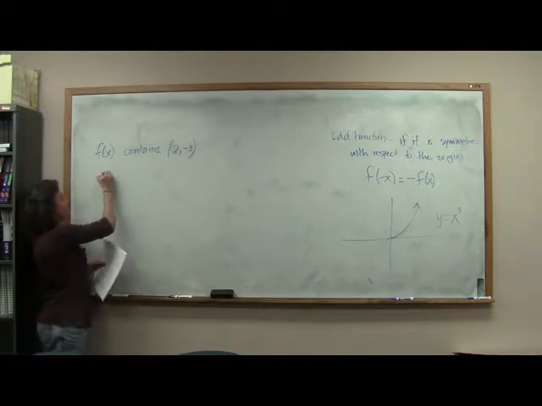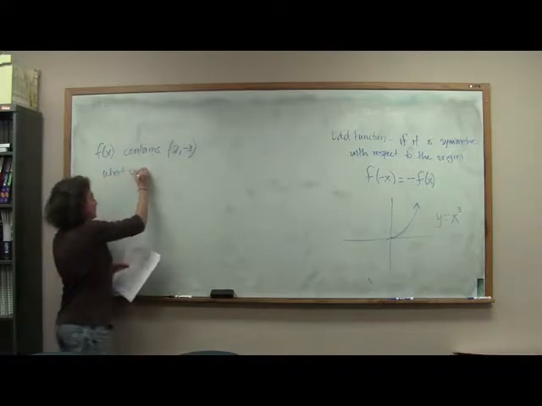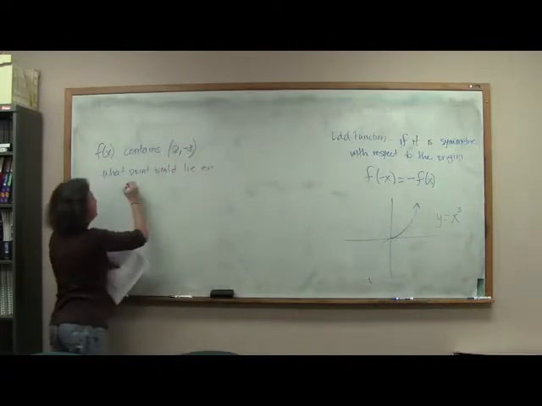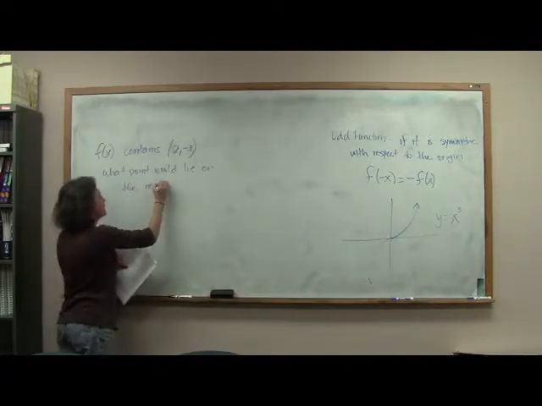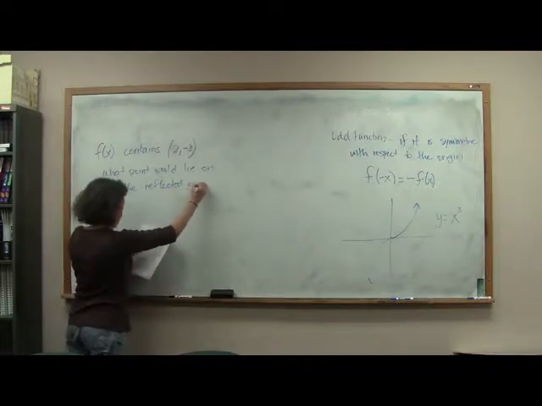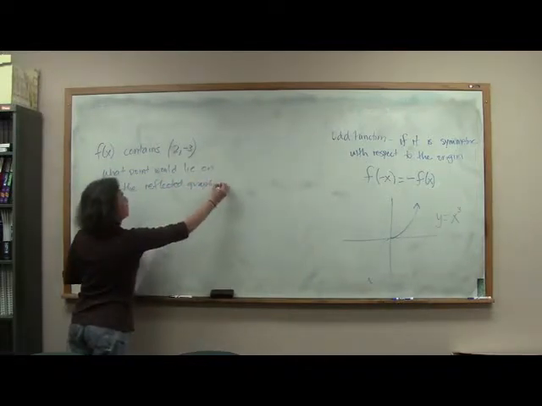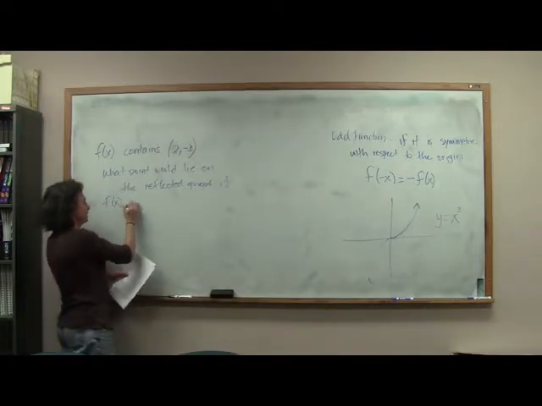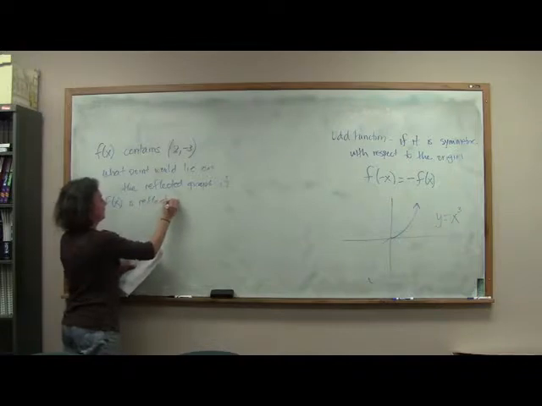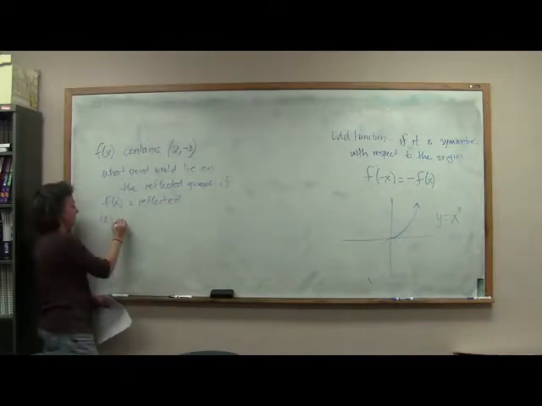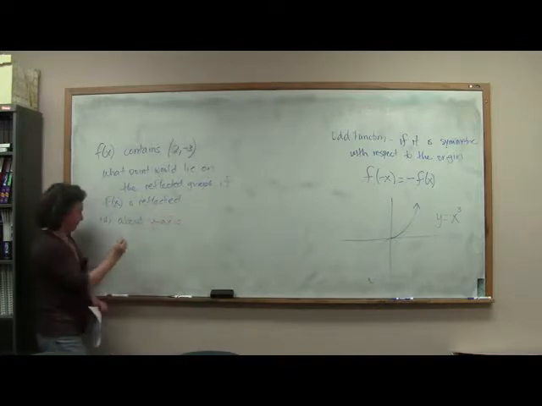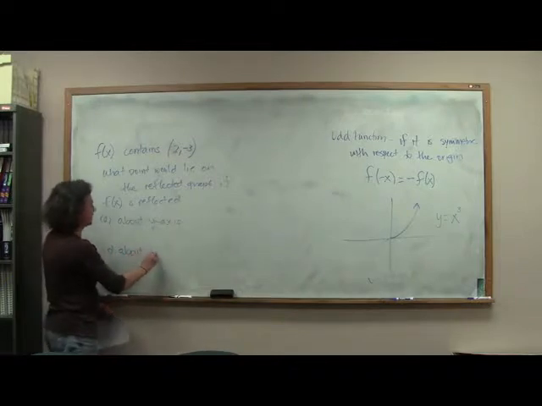And what I want to know is what point would lie on the reflected graph if f of x is reflected first about the y-axis and then second about the x-axis.